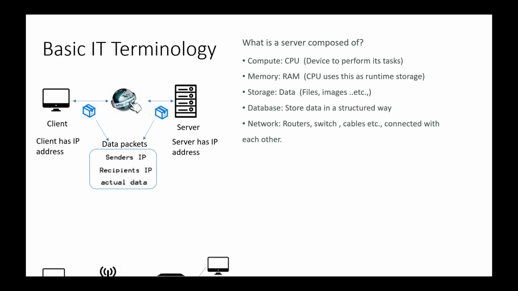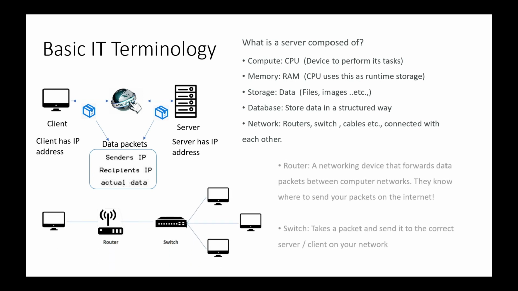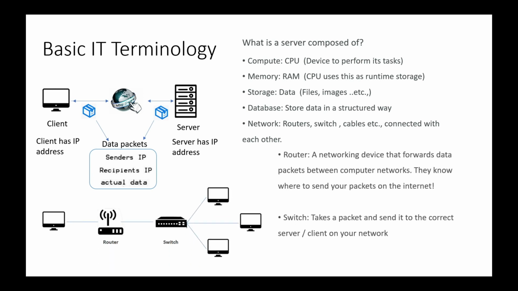So let us see what a router and a switch are. A router is a network device that forwards data packets between computer networks, and it knows where to send your packets on the internet. The switch takes the packet and sends it to the correct server or client on the network.